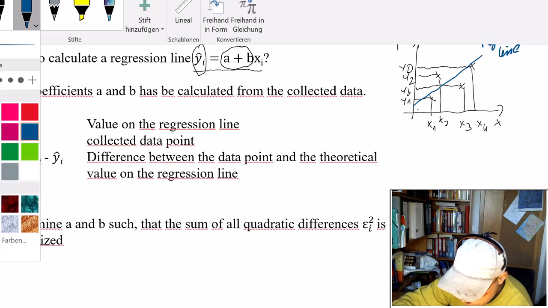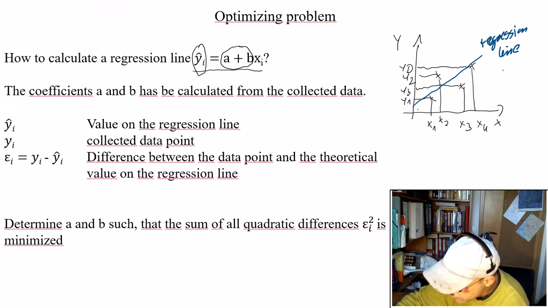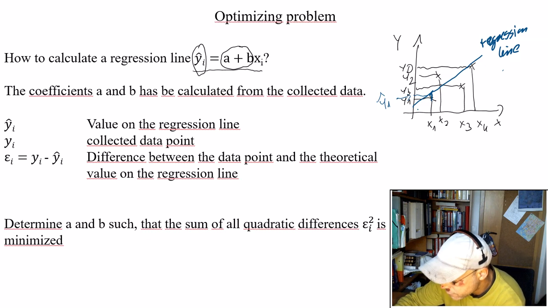And then, of course, we have a y1 hat, which is lying on the regression line. And here we have the difference to the actual data point y1.